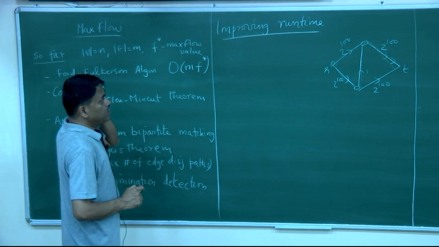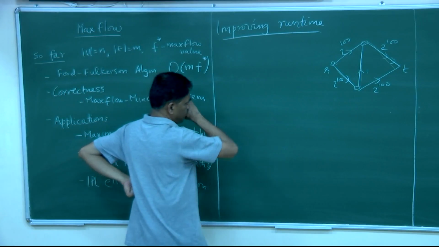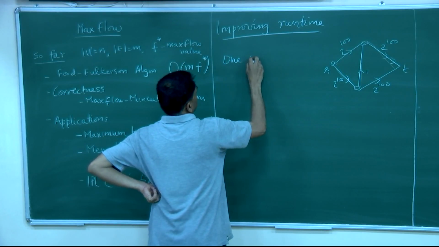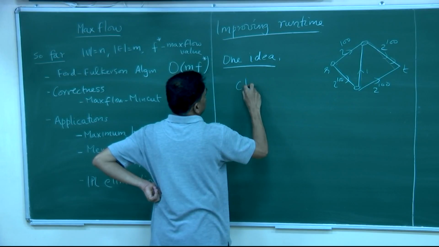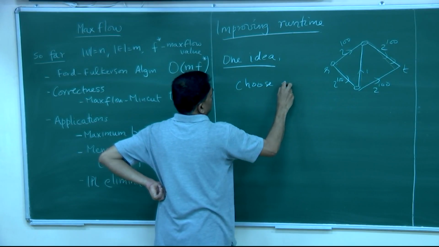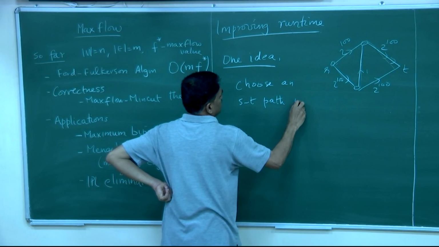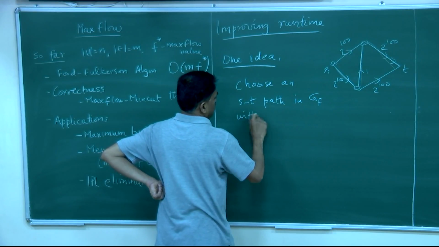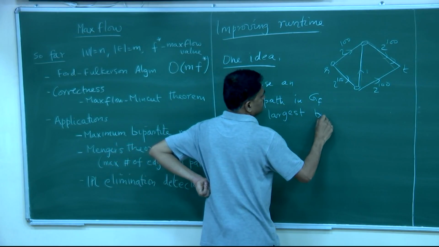So we want to get around this and think of good paths to choose for your augmenting paths. There will be 2 heuristics we'll try. One idea is to choose an ST path in the residual network with largest bottleneck capacity.